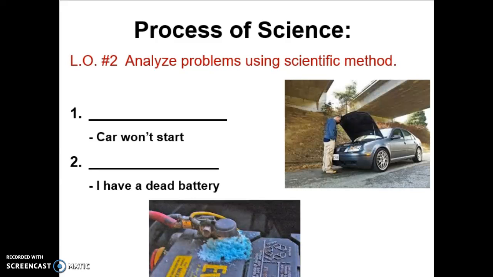So let's take a look at the process of science. I said, when you guys see the red LO, number 1, number 2, etc., these are the learning outcomes for the course that I want you to make sure you guys are getting. That's the most important part of this entire course, is that at the end, you guys have a better feel for these learning outcomes.